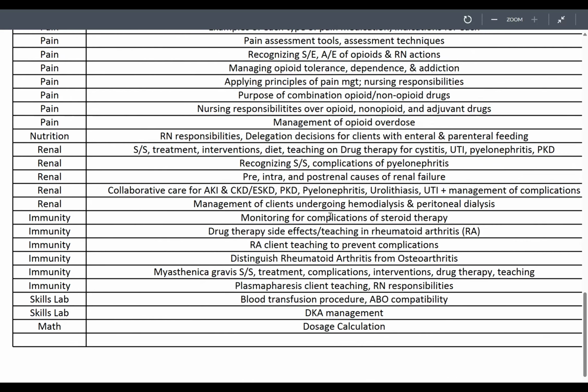The next statement says the severity of DKA is not based on the glucose, but on the ketones and the pH level. So you can't diagnose DKA based on the glucose, because somebody could be 300 but the pH is normal. That's just hyperglycemia. So your basis is the pH.